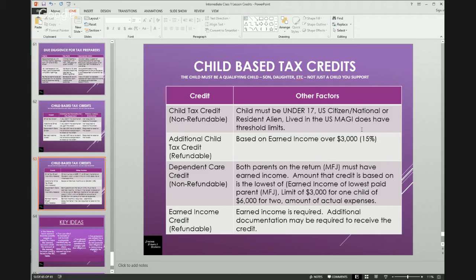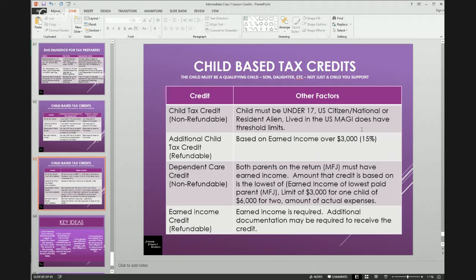And then there's a cap as well of $3,000 for one child or $6,000 for two children of the actual expenses. So whichever's the lowest, if your actual expenses are less than the $3,000 or $6,000, you would use actual expenses. If your earned income is less than your actual expenses, you would use your earned income. So that is the lowest common denominator on that dependent care credit.